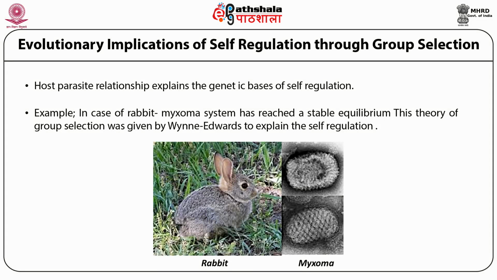This theory of group selection was given by Wynne-Edwards to explain the self-regulatory mechanism on the basis of co-evolution of host and parasite. Of course, this is basically the genetic basis for the self-regulation of a population.